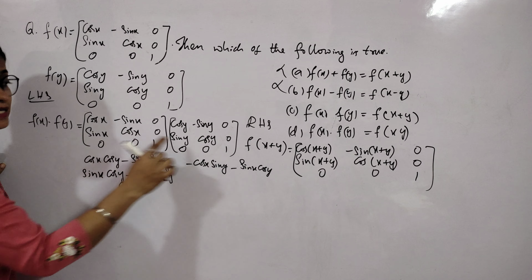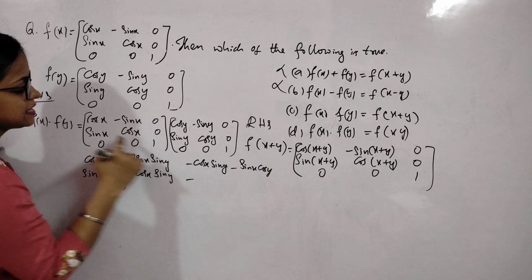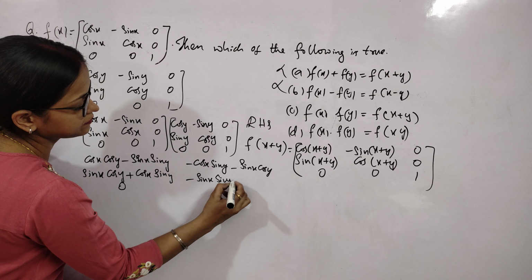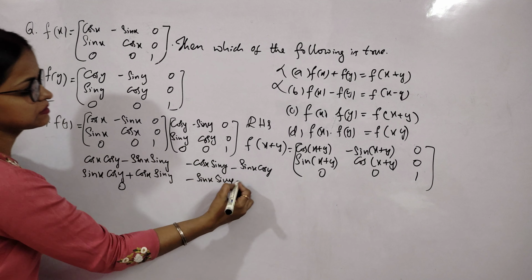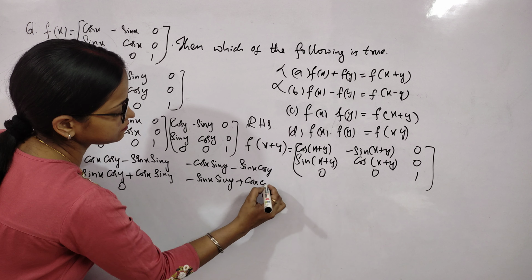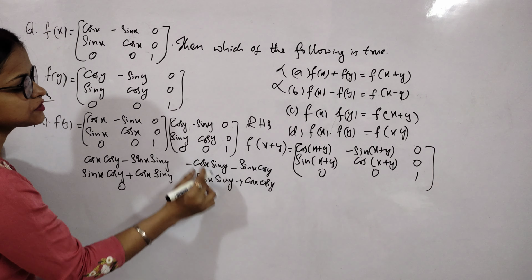Next, second row: sin x into minus, minus sin x sin y, plus into plus, cos x cos y, and 0 into 0 is 0.